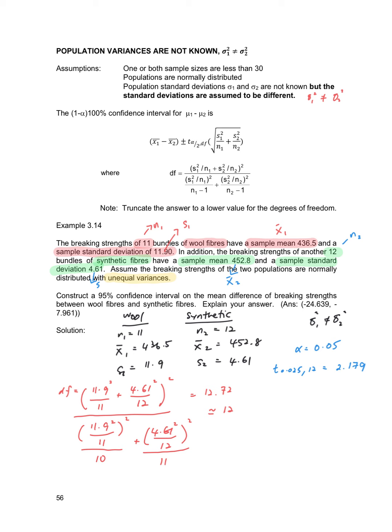So this is the confidence interval: 436.5 minus 452.8, plus minus 2.179 times the square root of 11.9 squared over 11 plus 4.61 squared over 12.